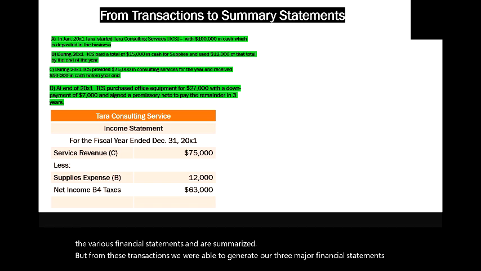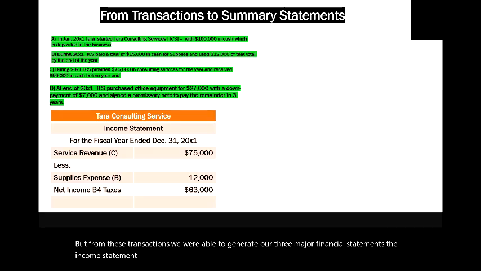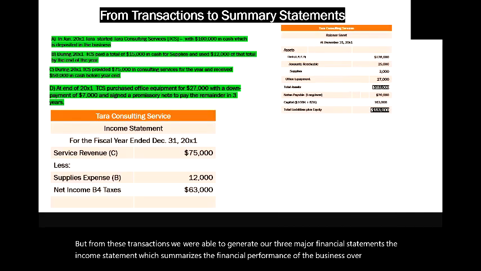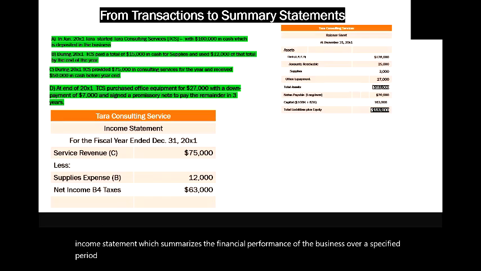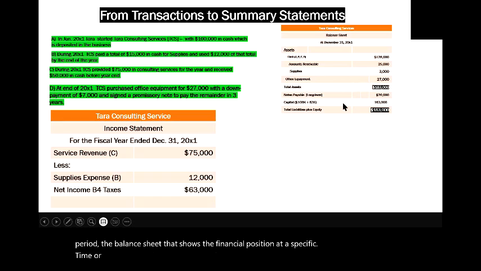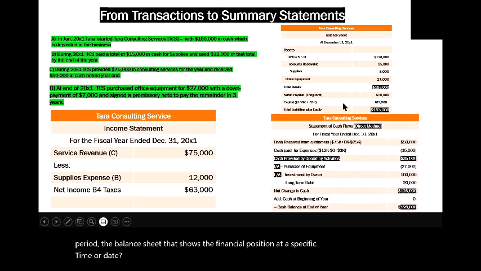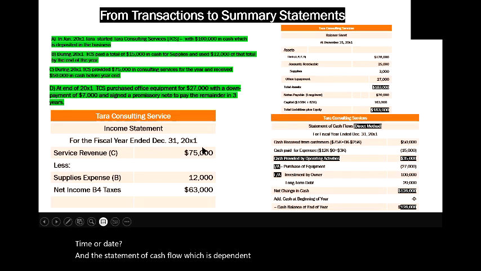The income statement, which summarizes the financial performance of the business over a specified period. The balance sheet that shows the financial position at a specific time or date. And the statement of cash flow, which is dependent on these 2 financial summaries to be prepared.